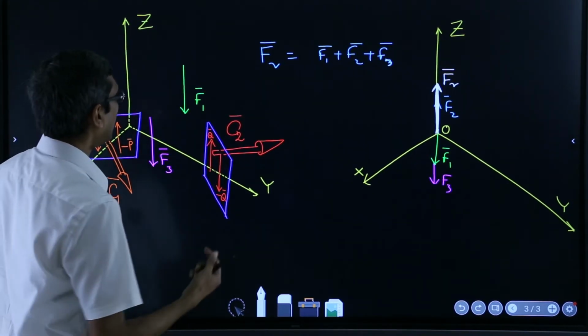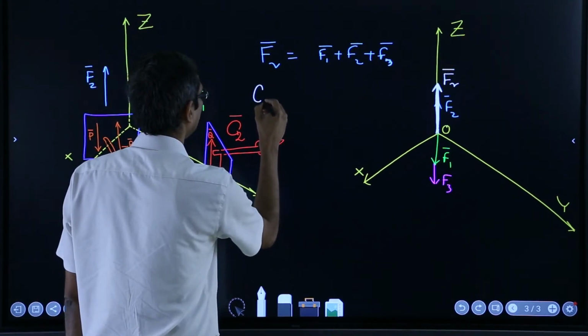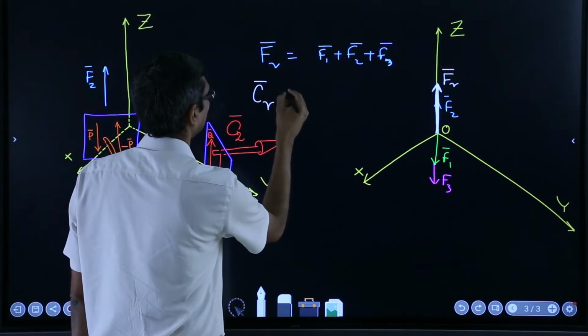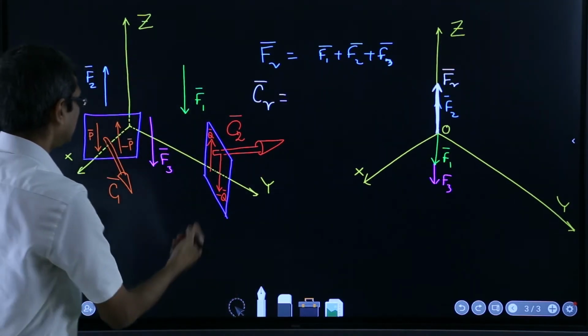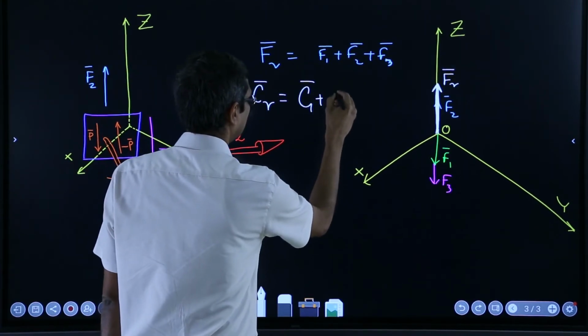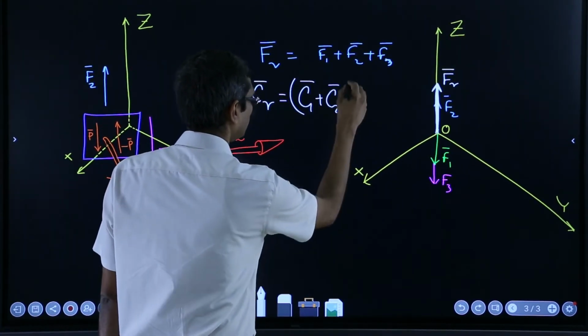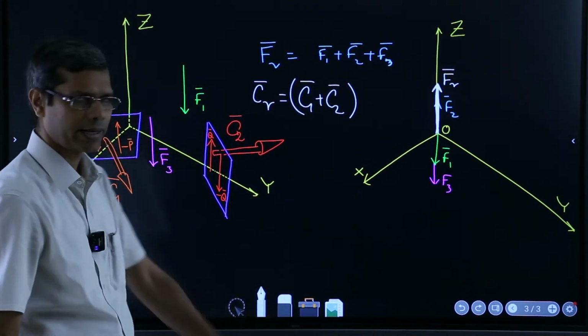So I can write that the C resultant will be, first, I can just add these things like C1 plus C2 etc.